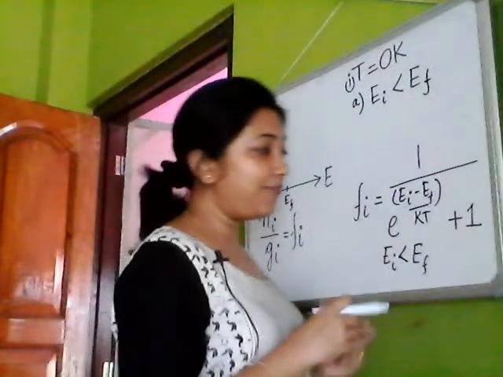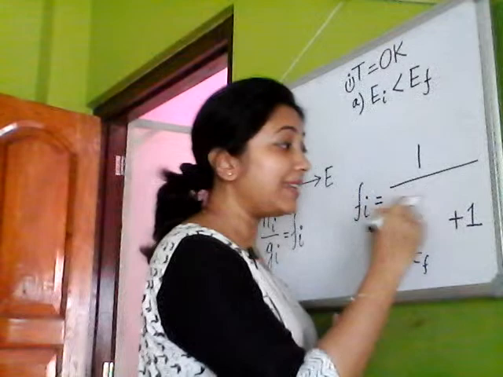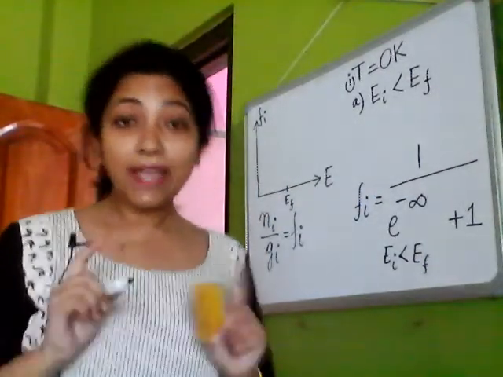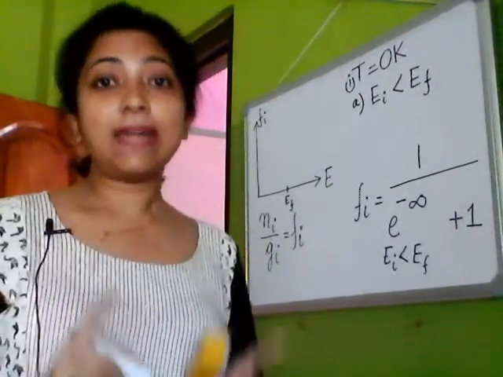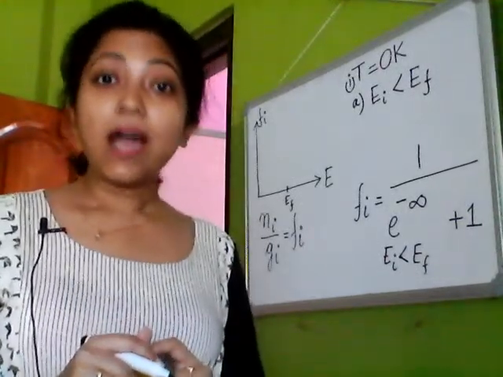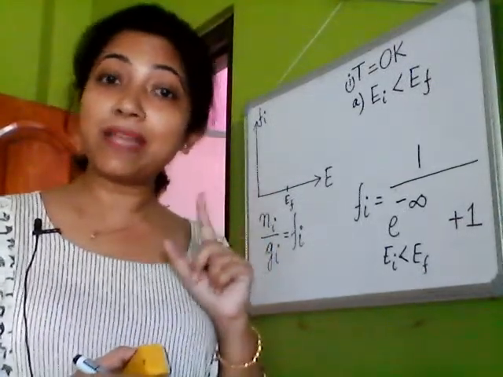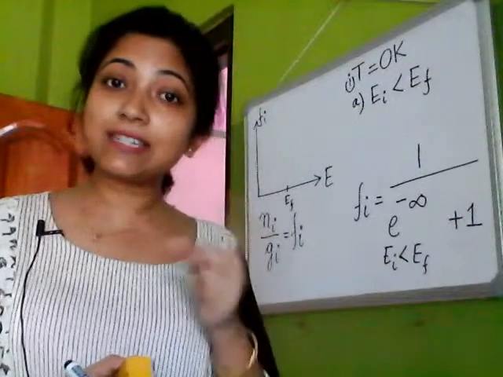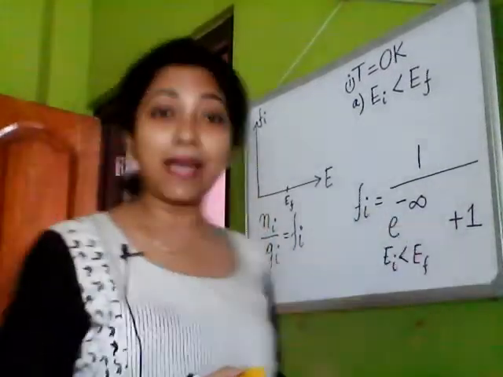So it is as if e to the power minus infinity coming out. Are you all with me? What I have done, I have put in the value of T is equal to 0 and I am considering Ei is less than EF. Under this situation, my numerator of e to the power Ei minus EF is a negative value. And in the denominator, since T is equal to 0, the entire quantity is e to the power minus infinity.